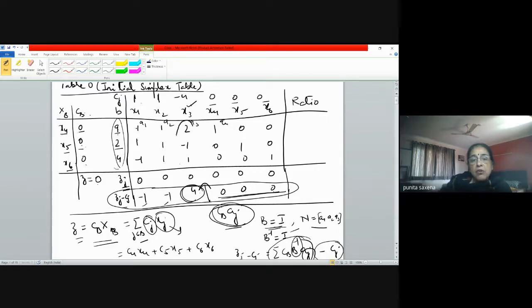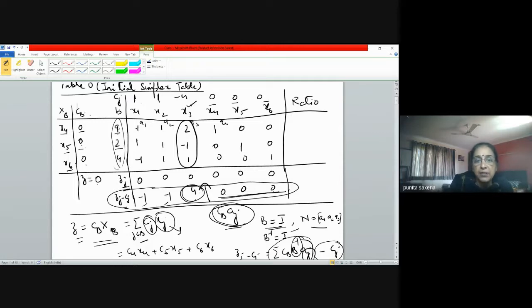Now, this column corresponding to the entering variable is going to be your Yij's, these are your entries here, and these are your B's, right? What ratio do we compute?